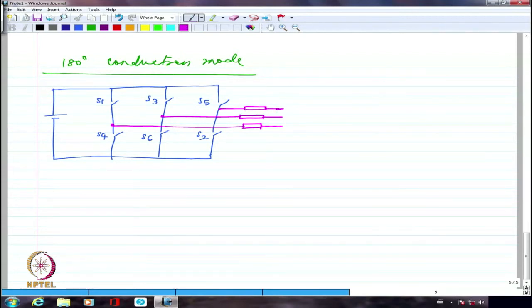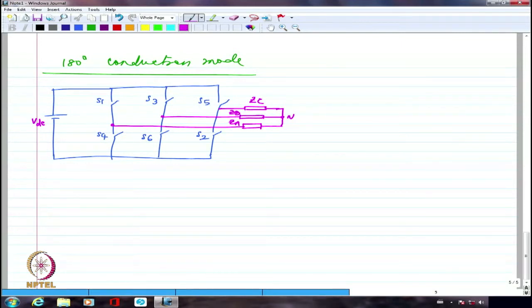So let us try to take a look at 180 degree conduction mode. So this is ZC, this is ZB and this is ZA and this is the neutral. And this is VDC. Right? If each device has to conduct for 180 degrees, clearly I have to have 1, 2, 3 conducting for 60 degrees, 2, 3, 4 conducting for the next 60 degrees, 3, 4, 5 and so on and so forth.